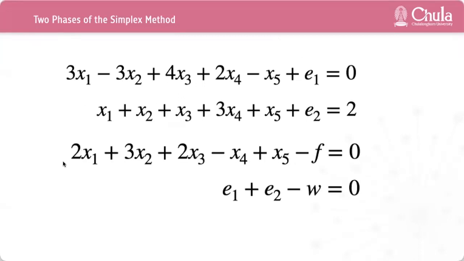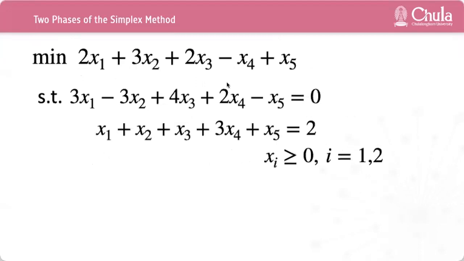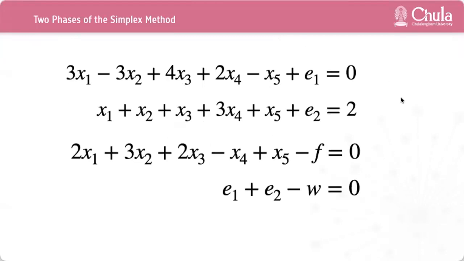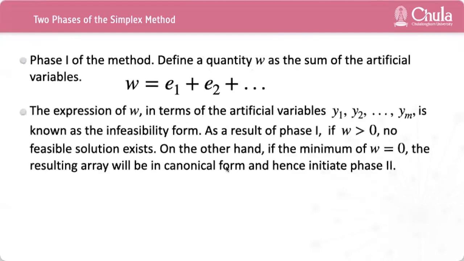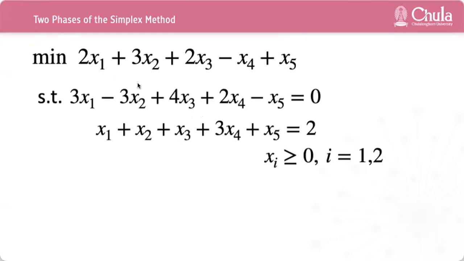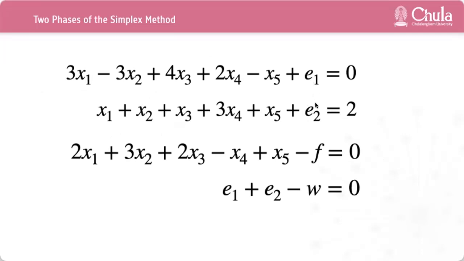Because f equals this term, we change it to the same side, so this term minus f must be 0. And we define W here. W is the summation of E1 and E2. That means E1 plus E2 minus W becomes 0. Any questions at this point?